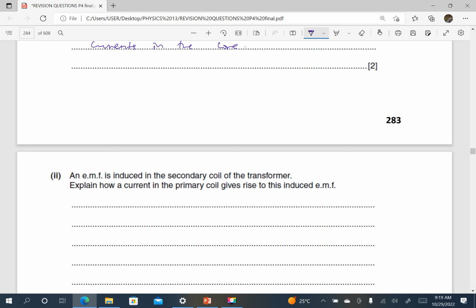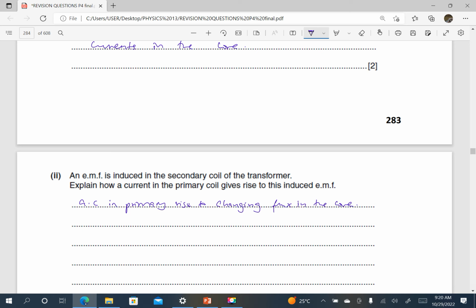Of course, in the primary we have AC. So alternating current in the primary gives rise to a changing flux in the core.